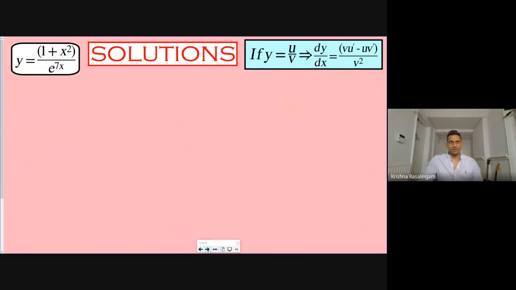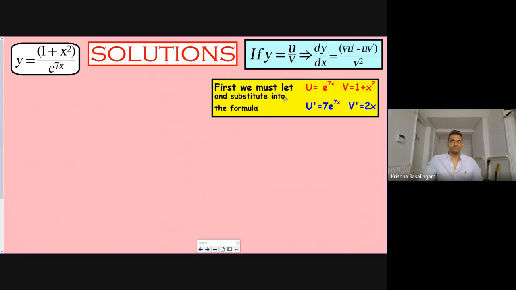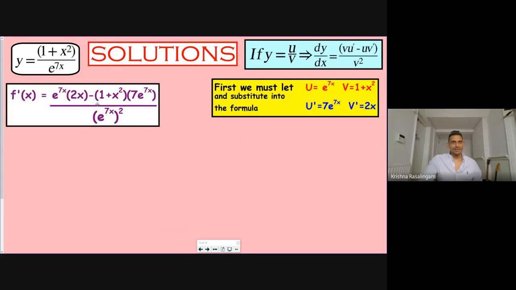And then the final one: u is 1 plus x squared and v is e to the 7x. So for some reason, I've done this totally wrong there. Let's see if my answer's right.